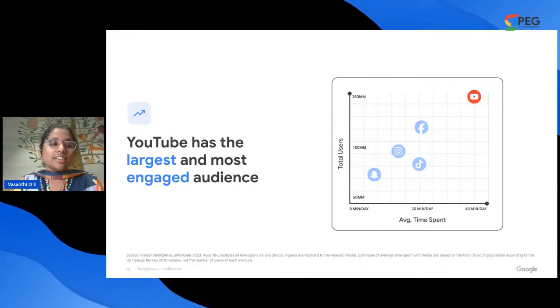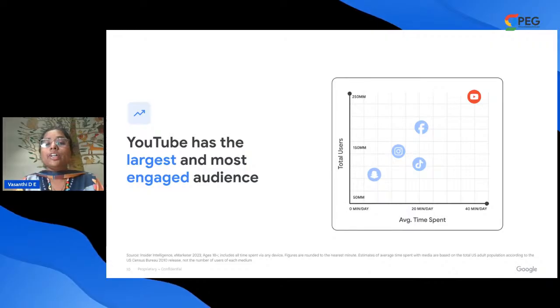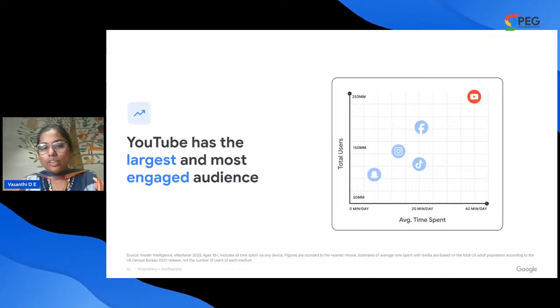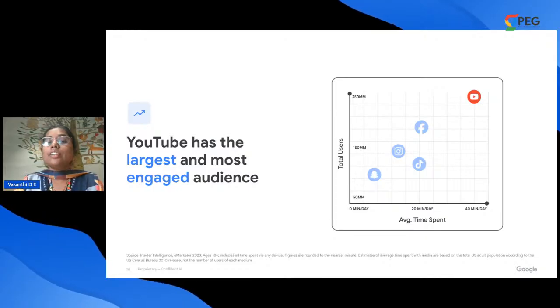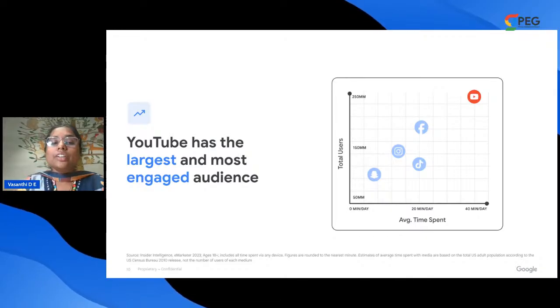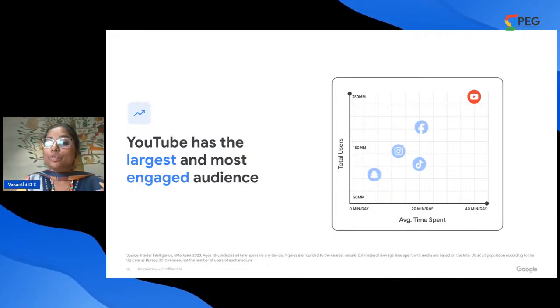This isn't just something we are claiming, it's actually proved by data. If you take a look at the chart on the right side, the chart compares various social video platforms based on two key metrics. First one is total users, and the other one is average time spent per day. As you can see, YouTube stands out with the highest number of total users, reaching a staggering 250 million.